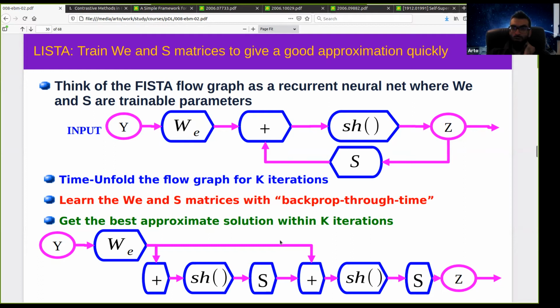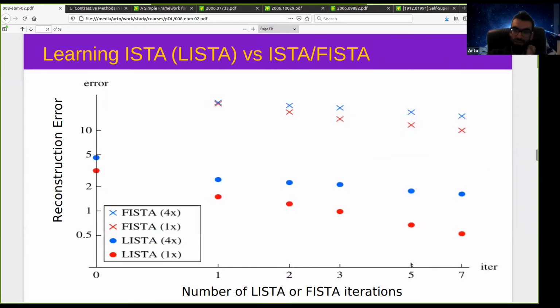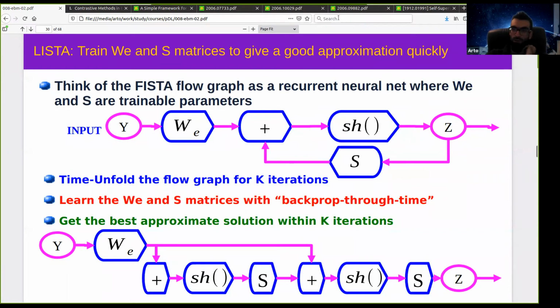People tried to learn an encoder which predicts a sparse z that minimizes that energy function, in the same way that we do k iterations here.